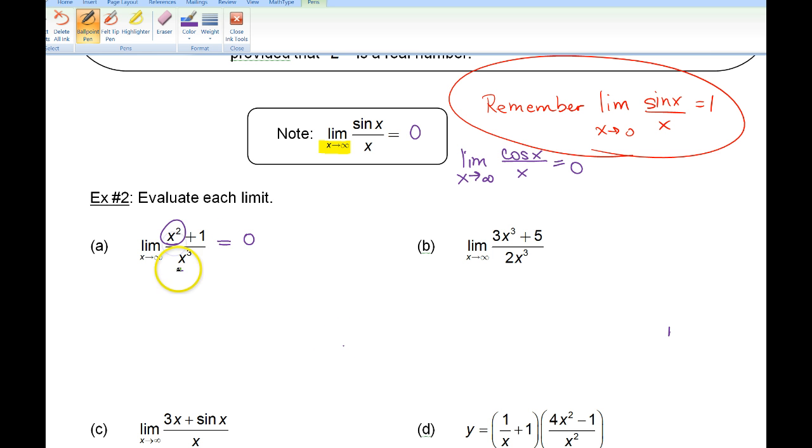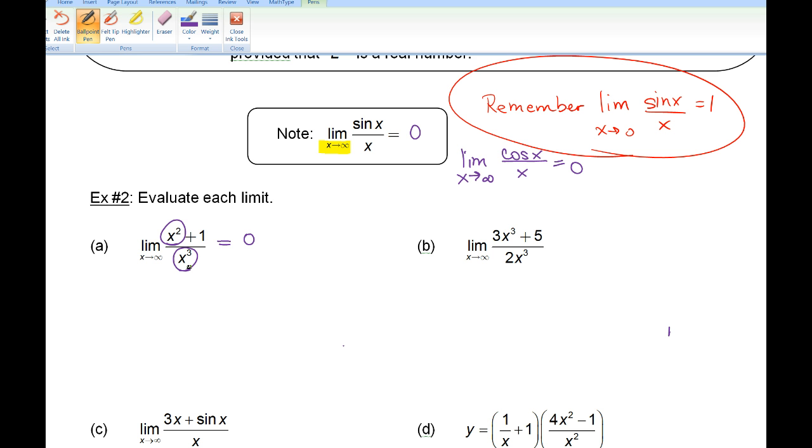So I compare numerator and denominator. As x approaches infinity, what's the end behavior? Remember, it all comes down to the degrees when we look at horizontal asymptotes. So it's 0. If the degree of the numerator is smaller than the degree of the denominator, it's going to be 0.